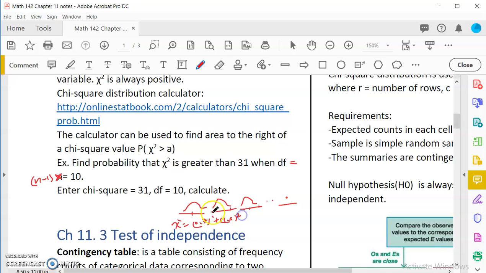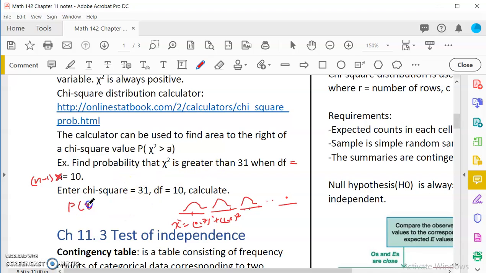So it would be more than 10, right? Because it could be negative, positive. You can have 2 or 3, right? So what is the chance that you pick 10? No, actually 11, right? Because degree of freedom is n minus 1. 11 of these standard normal, and then the chance for the sum of the square to be greater than 31.